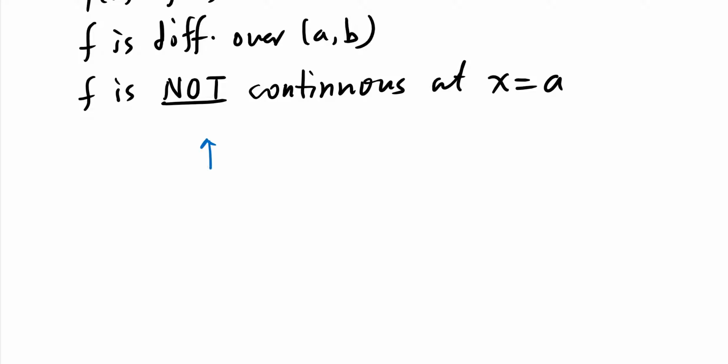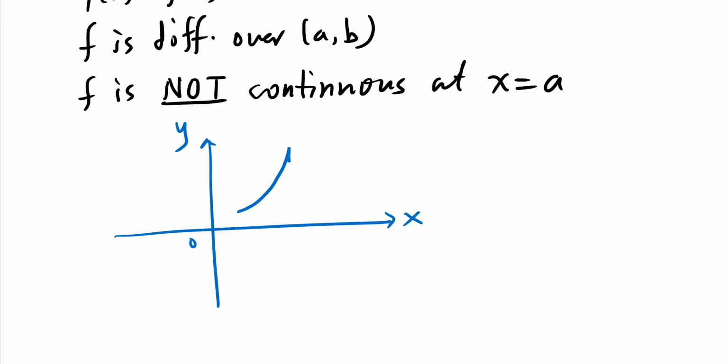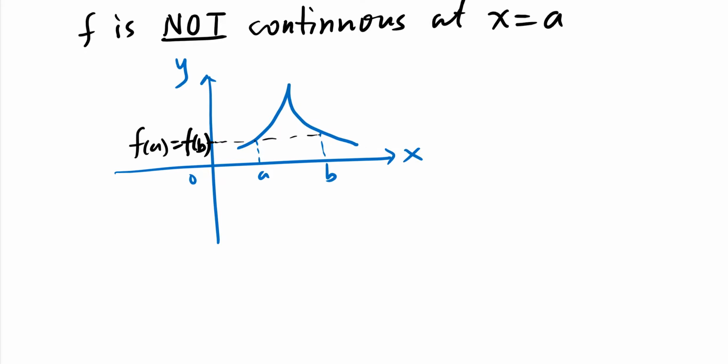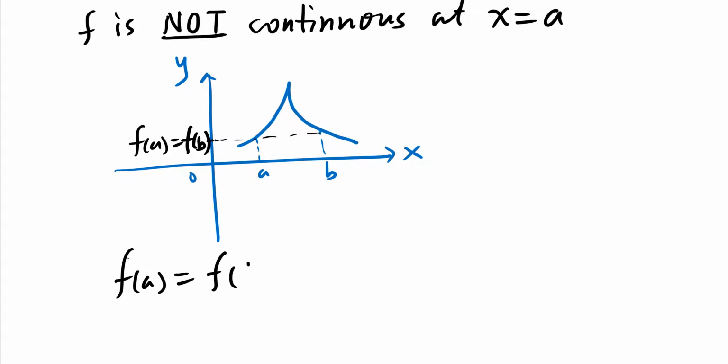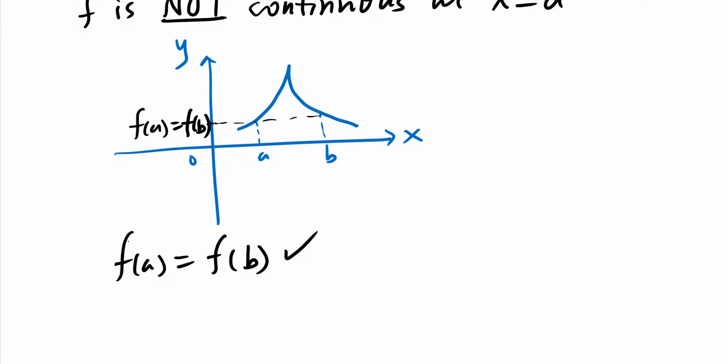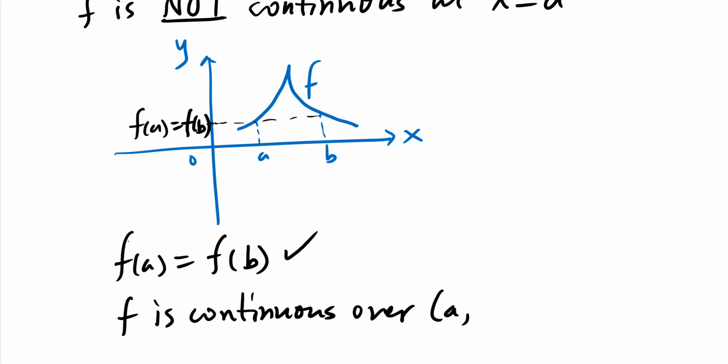Let's look at another one. Say a is here, b is there. Do you see f(a) equals f(b)? So that condition is okay. f(a) equals f(b) is met. Is it continuous? This is the graph of the function f. f is continuous over the closed interval [a, b], that's fine.